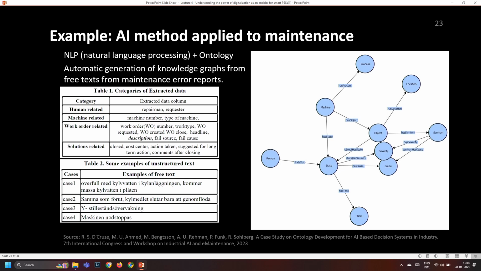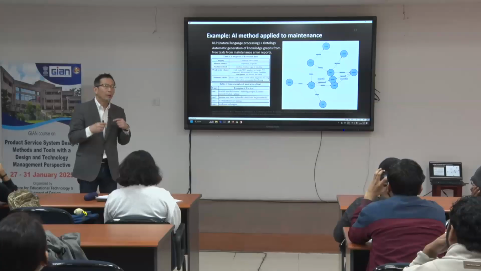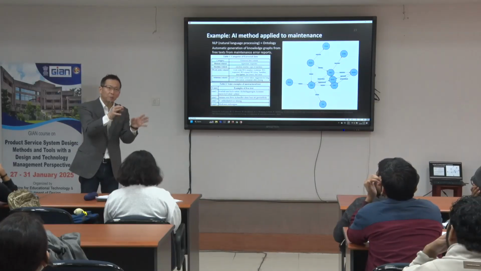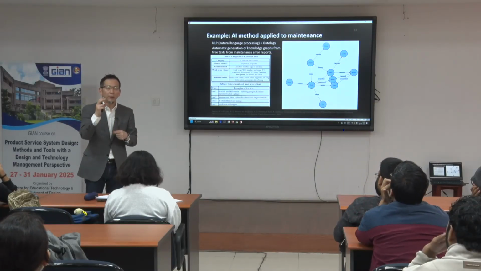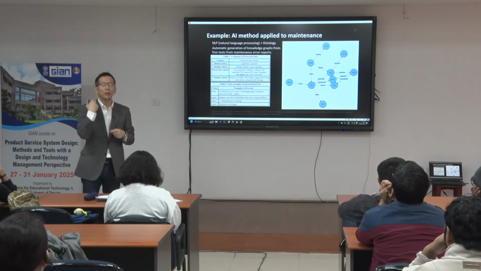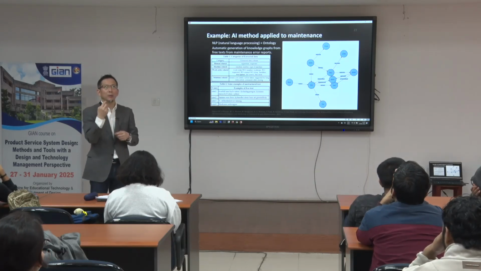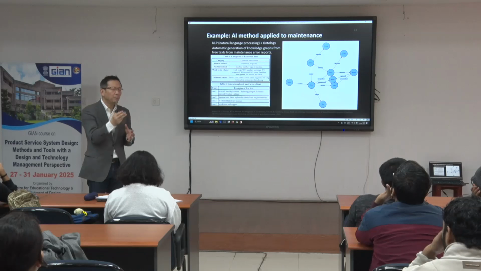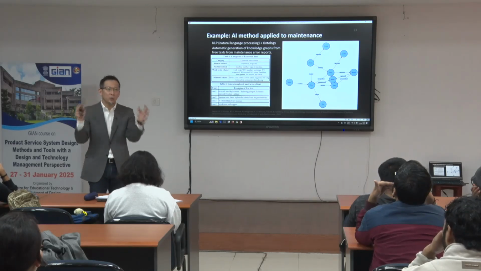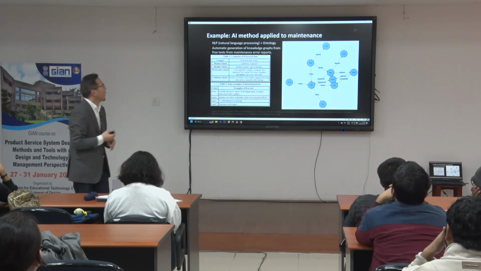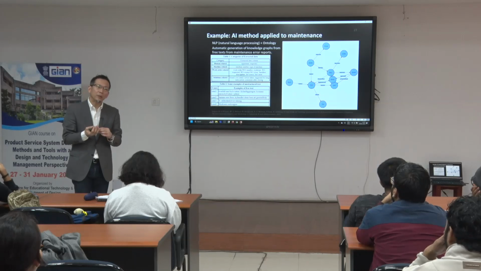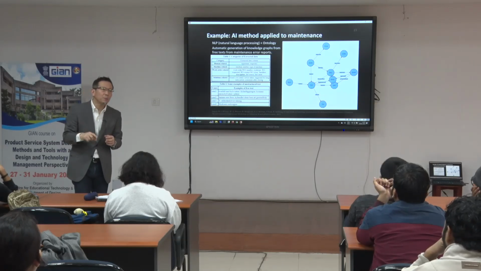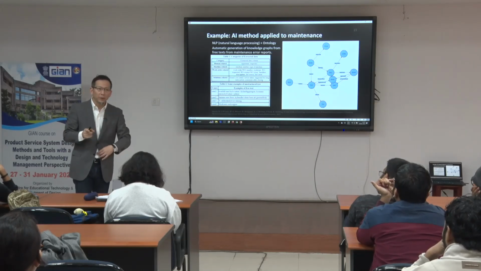And from time to time, problems occur in different machines in the production line. For each problem, obviously they fix the problem, and the problem and also the reaction that solved the problem is recorded in a certain computer system. The record contains a free text description of the problem and the problem solving.